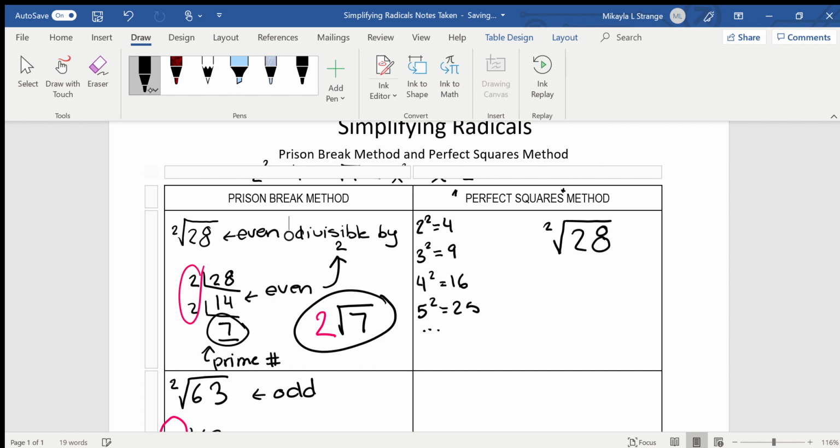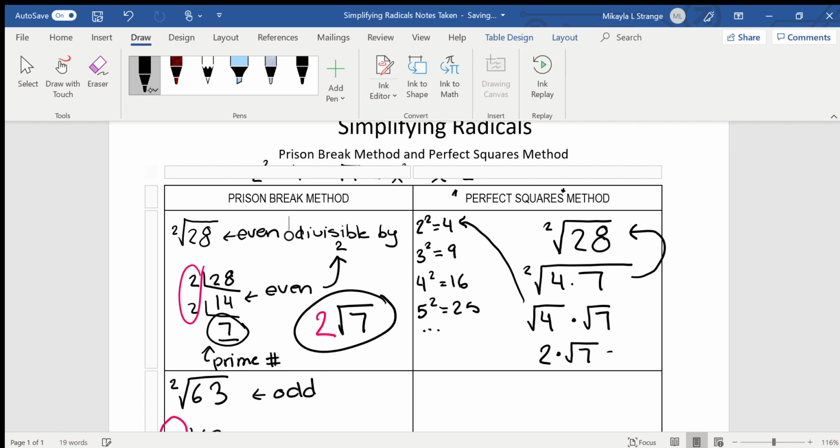And I know that if I do 4 times 7, what's 4 times 7? 4 times 7 is actually 28. And I can split these apart to be the square root of 4 times the square root of 7. The square root of 4 is just going to be, well, 2. So I'm left with 2 times square root 7, or as we've written before, 2 square root 7.